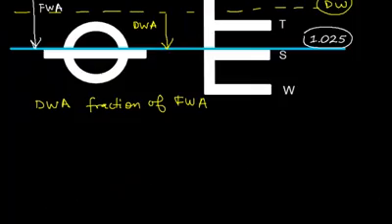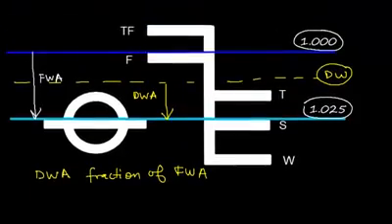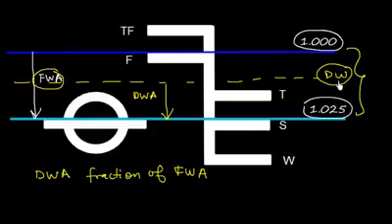This helps us to calculate the draft. If the difference between fresh water and salt water is this one, we have freshwater allowance. However, if the difference between dock water and salt water is this, we have a dock water allowance.